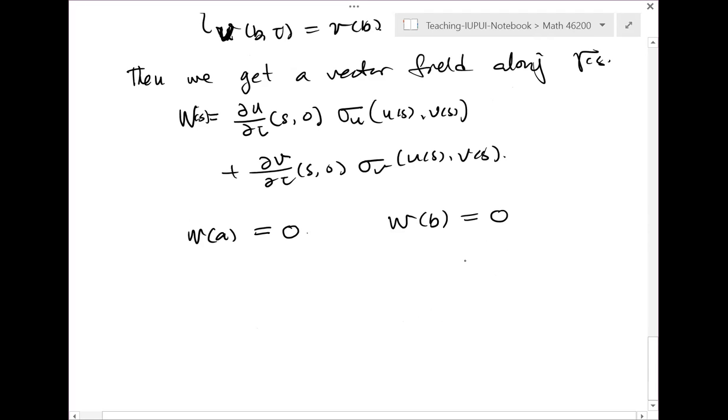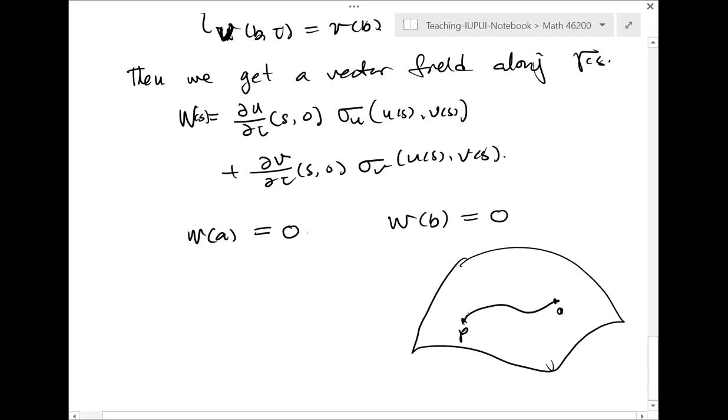Again, this is the surface, and this is a curve from P to Q. You get a vector field, and this is W. At the two endpoints, W is going to be 0.